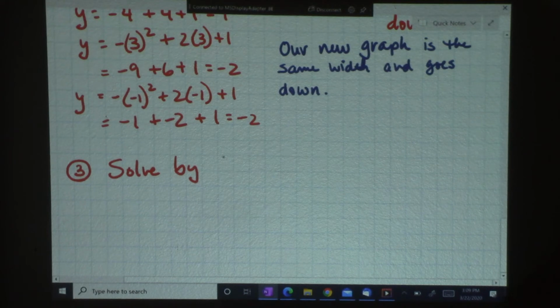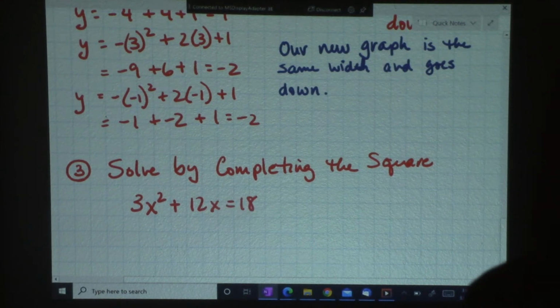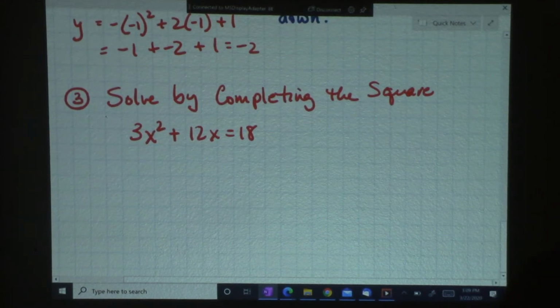Solve by completing the square. Okay, here's our problem. Plus 12x equals 18. Okay, so we want to get an answer for x, and we've got several methods.